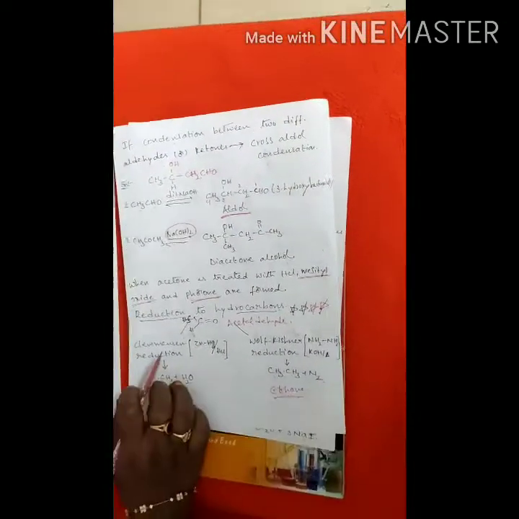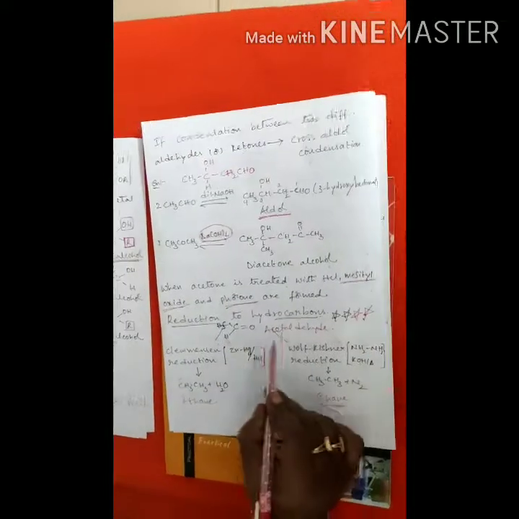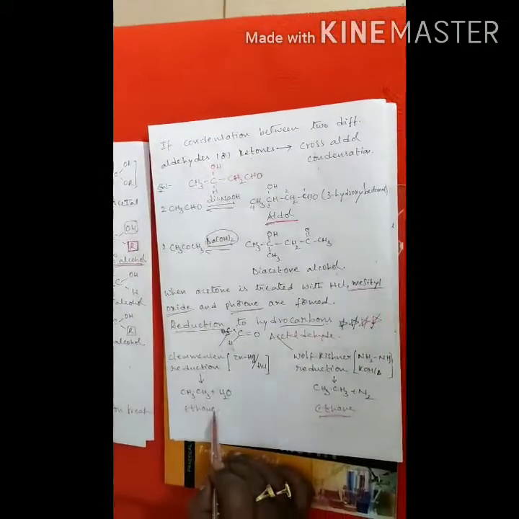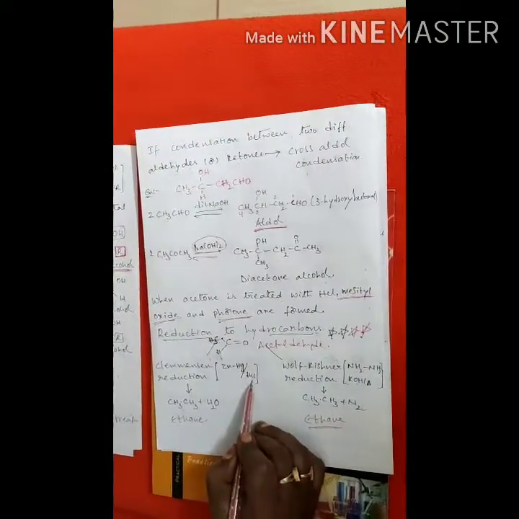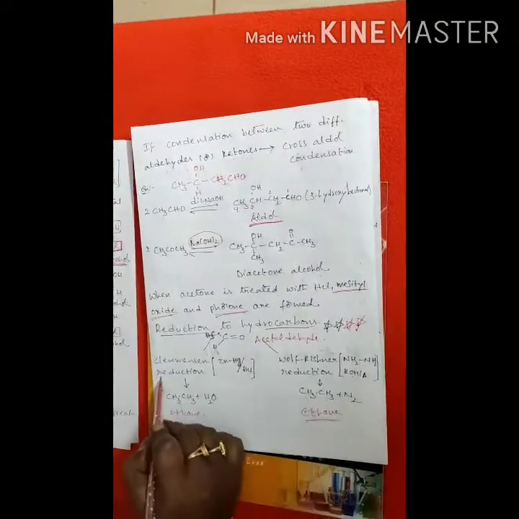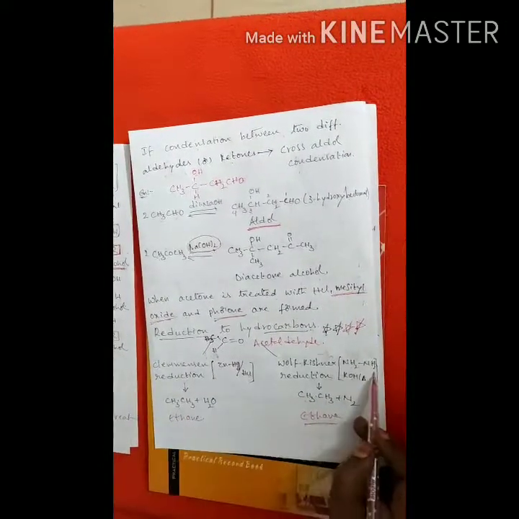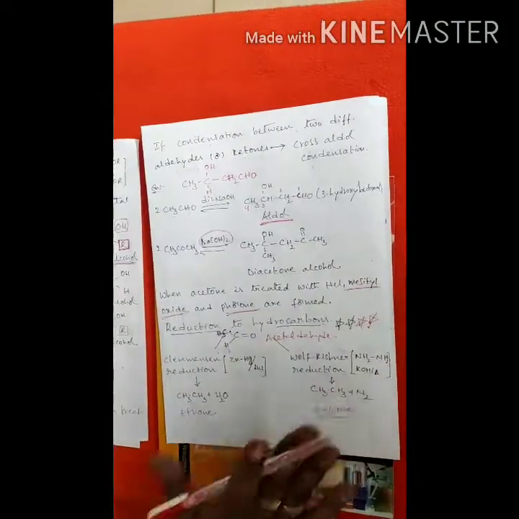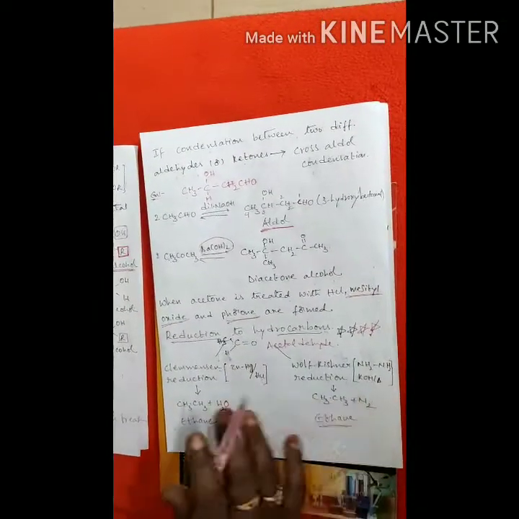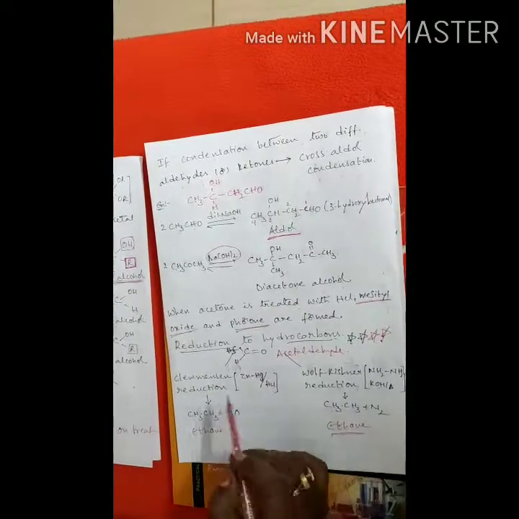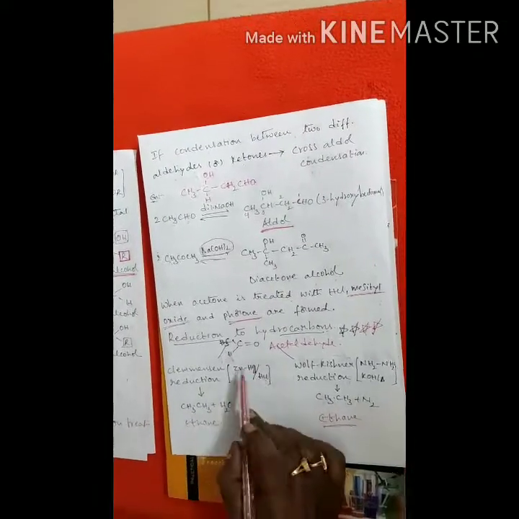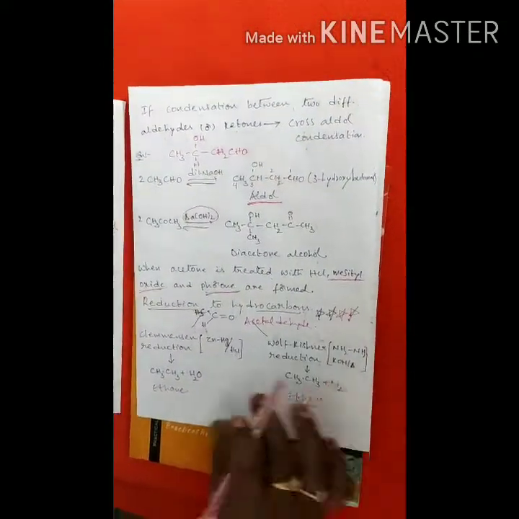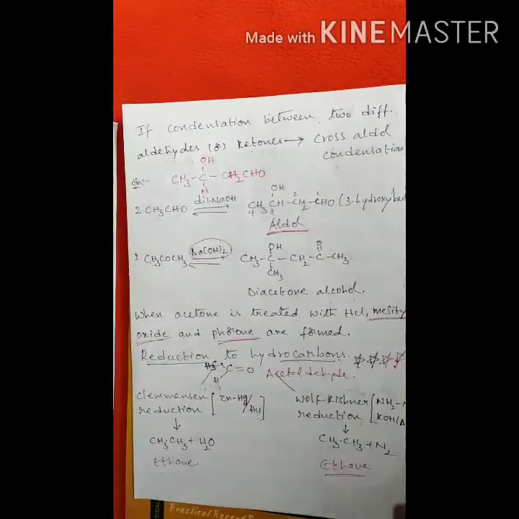We can easily remember: when acetaldehyde is converted into ethane in presence of zinc amalgam and HCl, that reduction is known as Clemmensen reduction, whereas the other case is known as Wolff-Kishner reduction. In both cases reduction takes place, but the name of the reduction differs. అదే మనకు ఎగ్జామ్ లో అడుగుతాడు. జింక్ అమాల్గమ్ ఇన్ HCl is Clemmensen, Wolff-Kishner. There is no confusion at all.